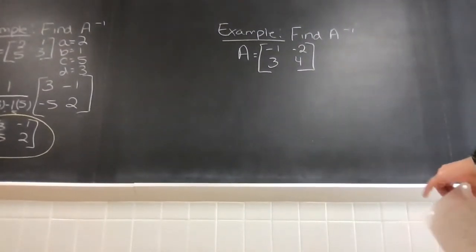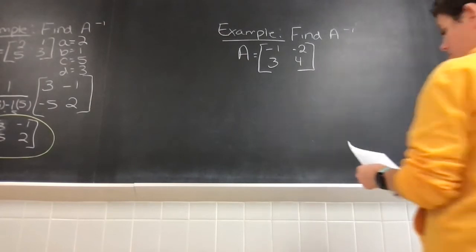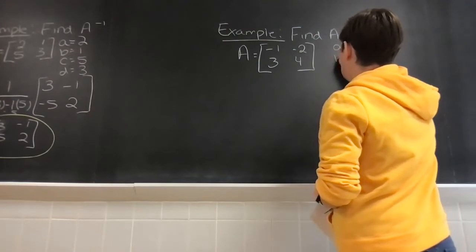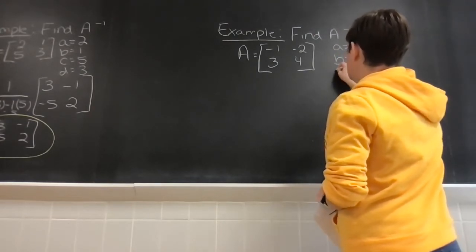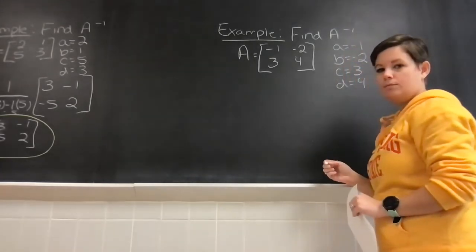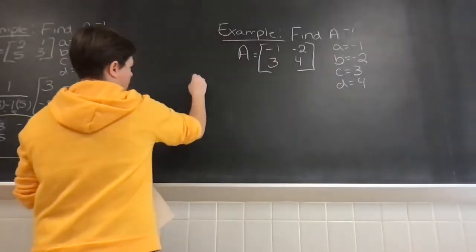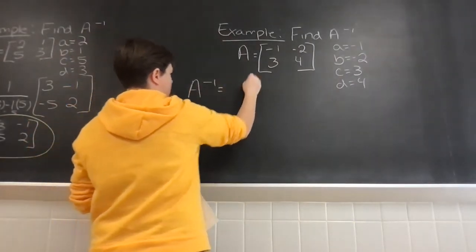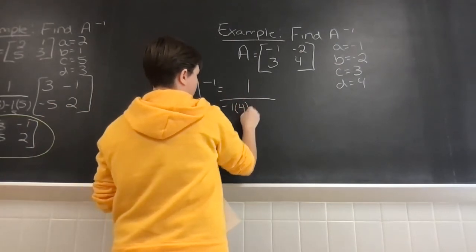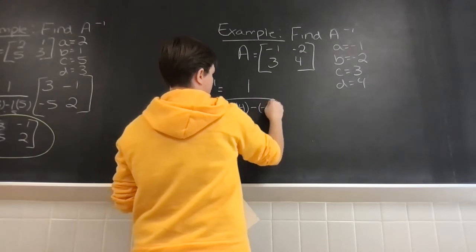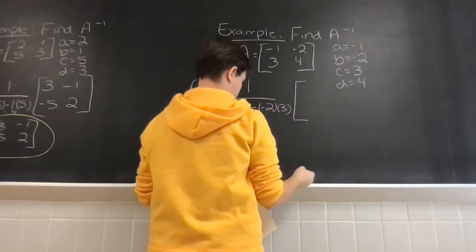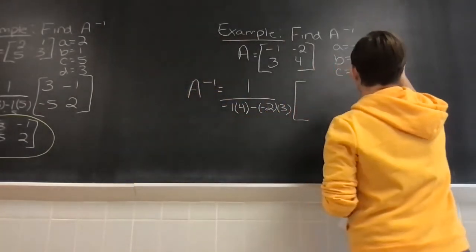So here is our new A. So again, I'm going to write A equals -1, B equals -2, C equals 3, and D equals 4. Okay? A inverse is 1 over A, which is -1, times D, which is 4, minus B, which is -2, times C, which is 3, times, oops, I have to put my D up to the side.